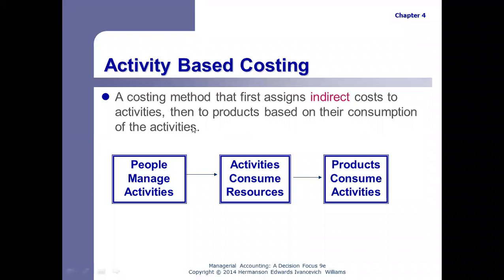In an earlier chapter, we looked at job costing, where we kept track of costs by jobs or projects or products, some kind of discrete, separate thing. In activity-based costing, we're going to be keeping track of costs by processes, steps in the process, or activities.